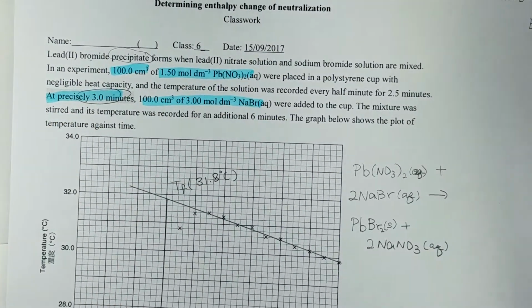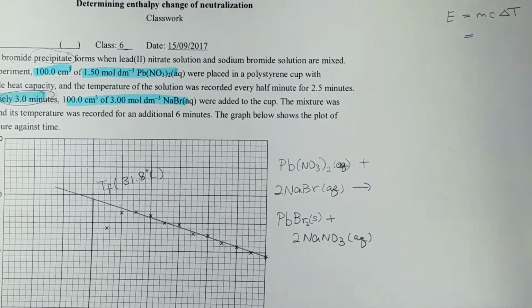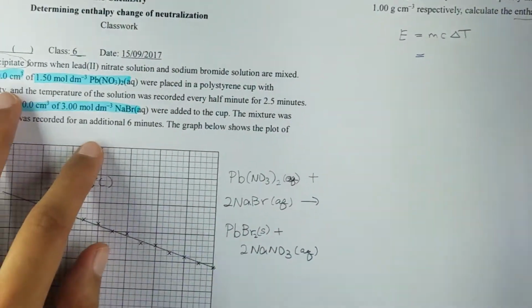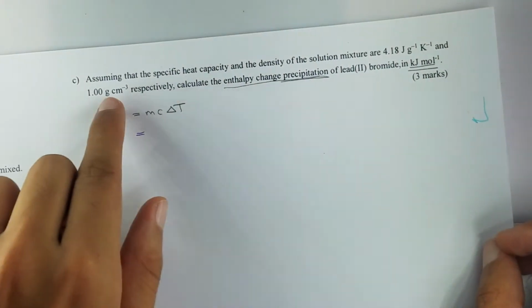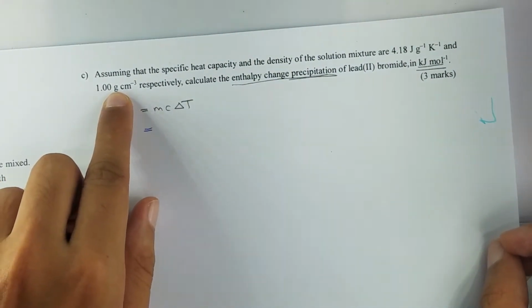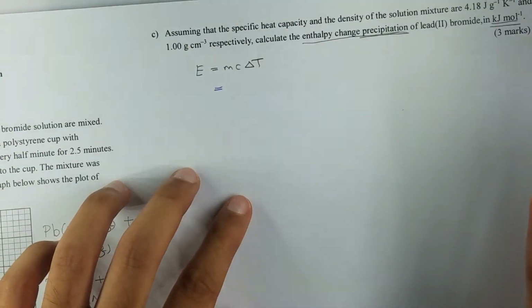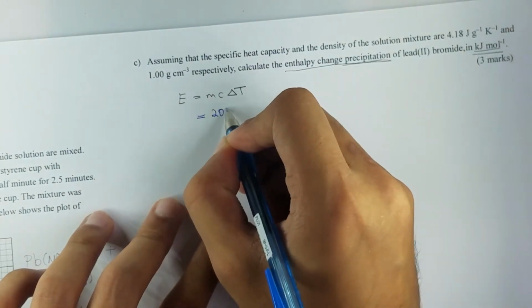Remember, we have to find the mass of the end product, which means the total volume, so 100 plus 100, 200. Now notice that it's in cm³. As we know, it's 1 gram per cm³, so we just assume that it's 1. So 200 cm³ will become 200 grams.